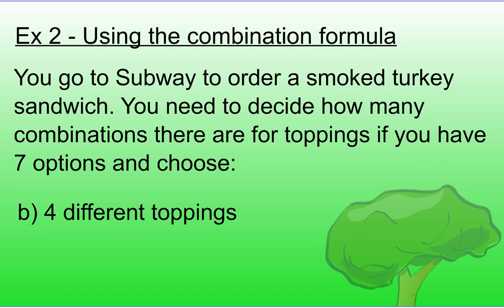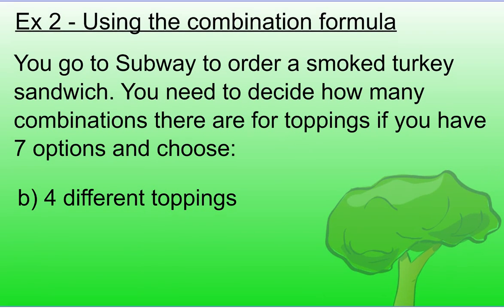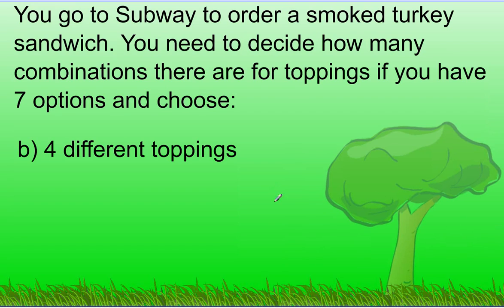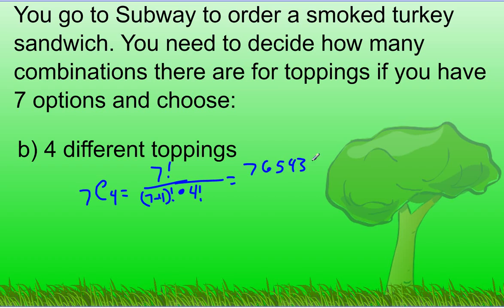Letter B. Same scenario. You want to put this stuff on your sandwich, but now you're thinking, what happens if you get 4 toppings instead of just 2? How many ways could that be put on your sandwich? Well, there's 7, and you're choosing 4. So 7 factorial over 7 minus 4 factorial, that's the permutation, and an additional 4 factorial on the bottom. So 7, 6, 5, 4, 3, 2, 1 over 3 factorial, 3, 2, 1, times 4 factorial, 4, 3, 2, 1.